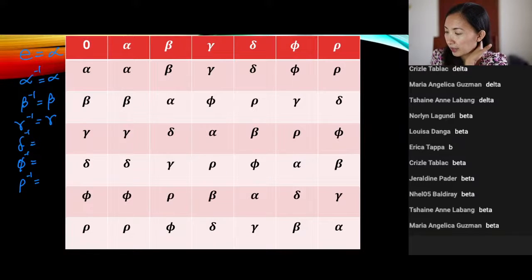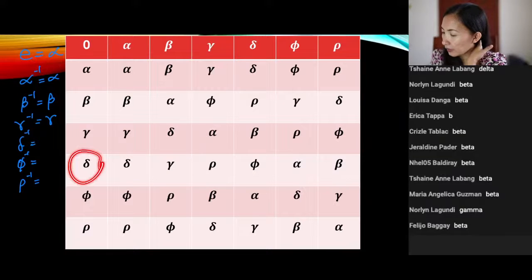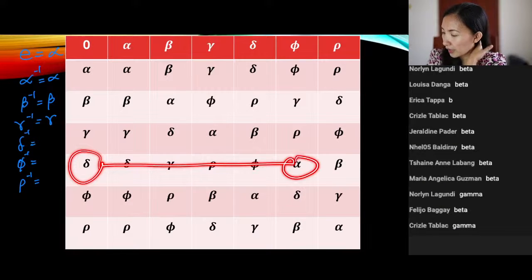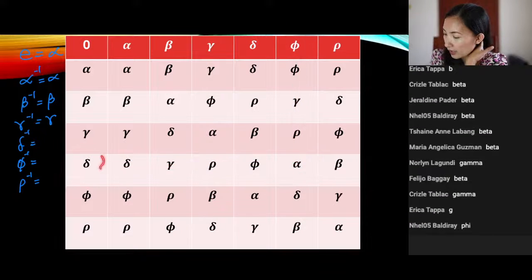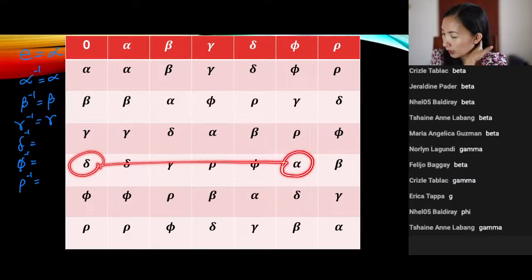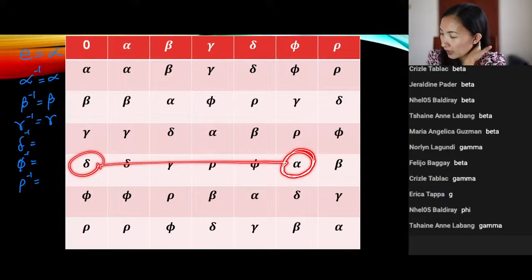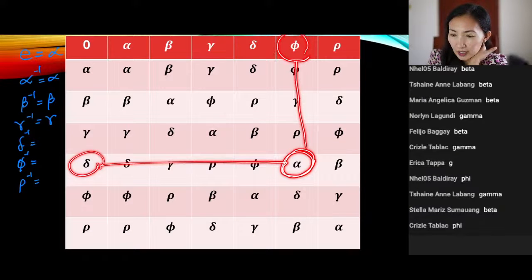What's the inverse of delta? For delta, that's where we differ. The inverse of delta, what must be multiplied to delta in order to get a product of alpha? It's phi. Crizel said phi. You're right.